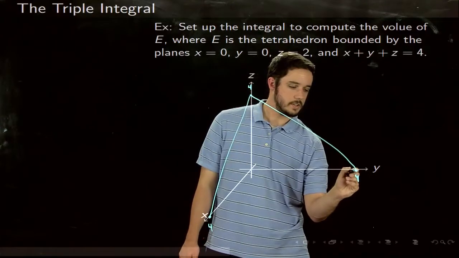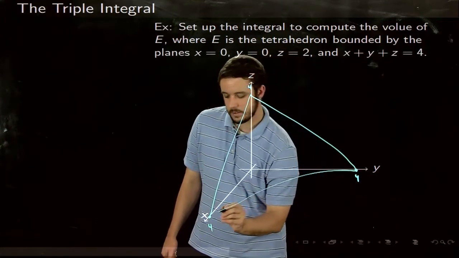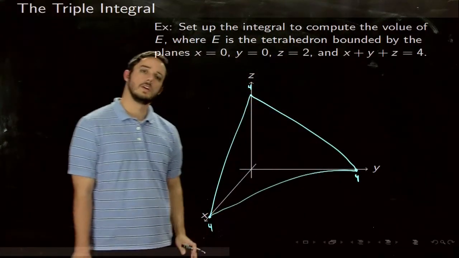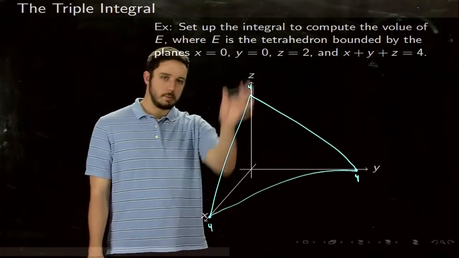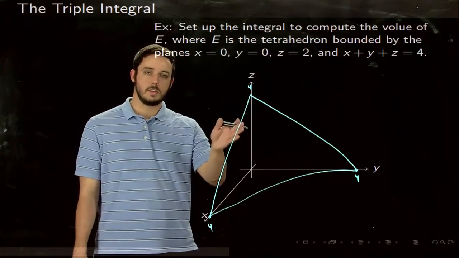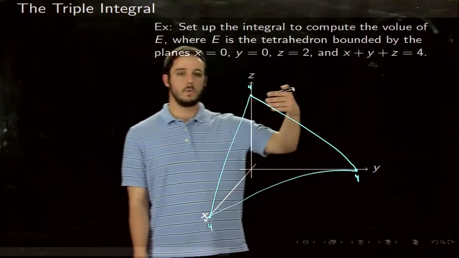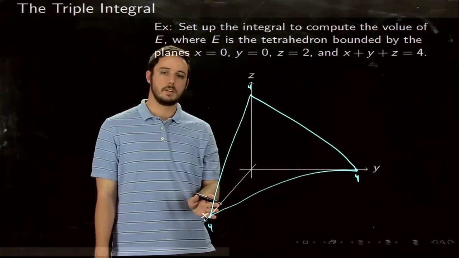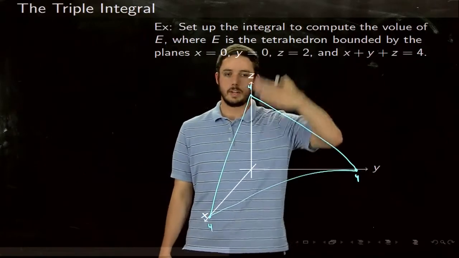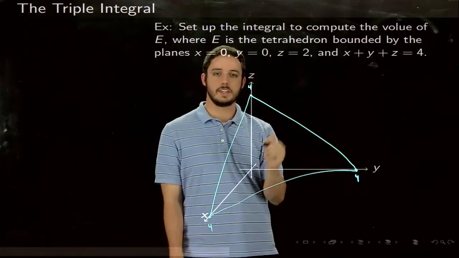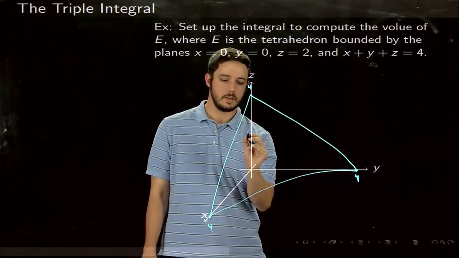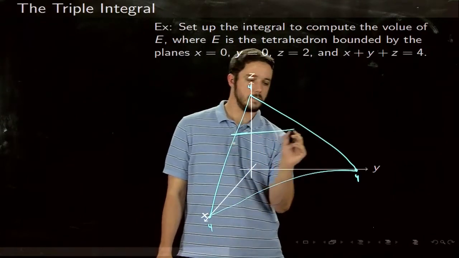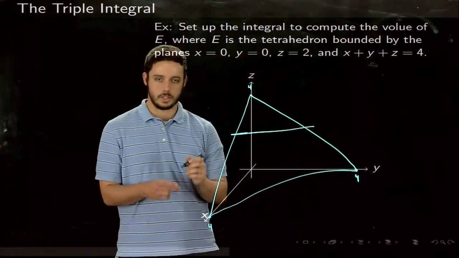So the tetrahedron itself is going to look something like this. But then we're bounding it by the plane x equals 0, which is this plane, the plane y equals 0, which is this plane, and then z equals 2. So we're cutting it off at z equals 2. This is the top. So it's really going to look slightly different.